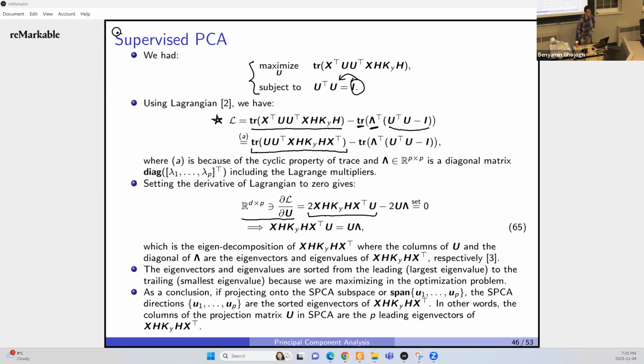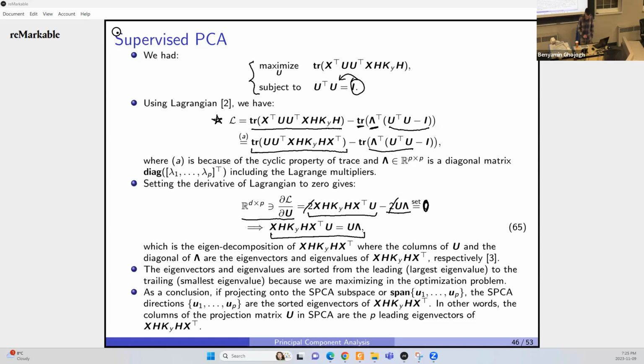If you don't believe me, use the technique that I told you for taking derivatives in matrices. And this also is quadratic with respect to U. It becomes minus 2U lambda, set it to 0. This is the 0 matrix. Bring this to the other side. These two 2's cancel each other. It becomes this.